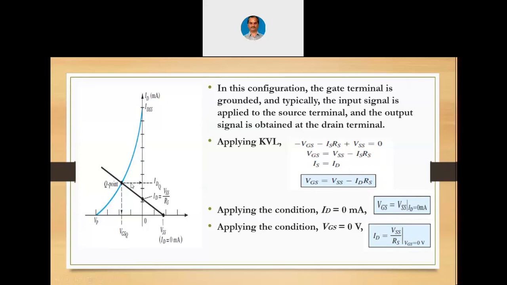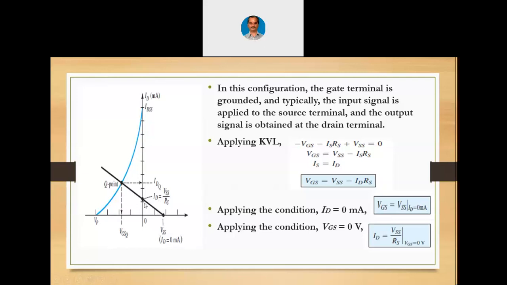So now look at this. We have this transfer curve and we have the values of VGS and ID corresponding in this way. For example, this is VGS and 0, and this is 0 and VSS by RS. When ID is 0, we have VGS equals VSS. That is this particular point. Then when VGS is 0, we have ID equals VSS by RS.